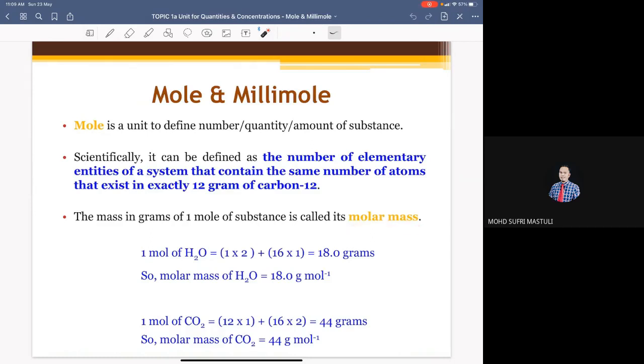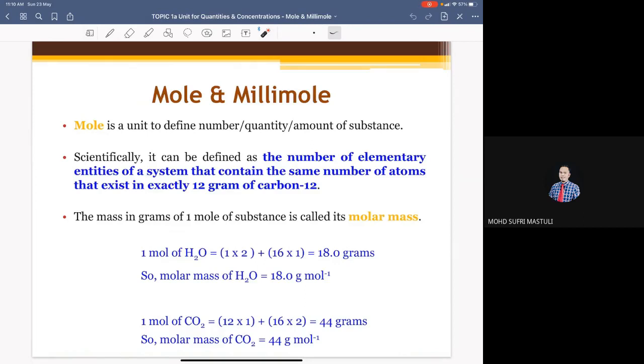So two things that you have to focus on in this slide are the definition of mole and also molar mass. As I mentioned just now, molar mass is the mass in grams of 1 mole of substance. For example, if we have 1 mole of water, the mass in grams is 18 grams. How can you obtain this 18 grams? You have to refer to the chemical formula of water, and do the calculation using the atomic mass from the periodic table.